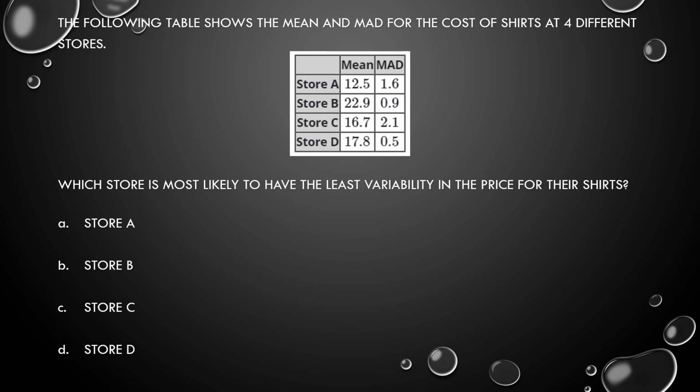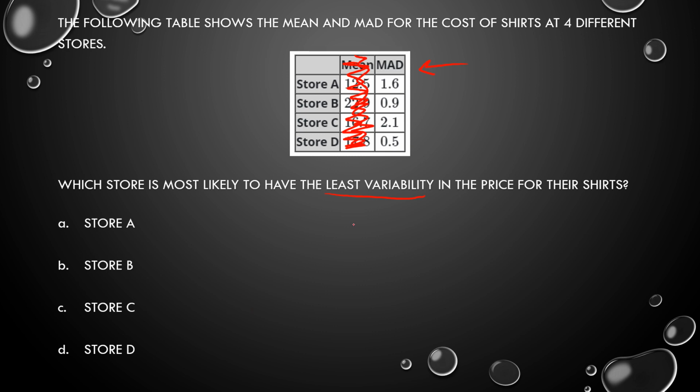And our last question says that we have this table here and it shows the mean and mean absolute deviation for the cost of 4 shirts at different stores. We want to know which store is most likely to have the least variability. Well, if it has the least variability, I am looking for the smallest mean absolute deviation, which means I don't care about the mean. All I am looking for is mean absolute deviation.